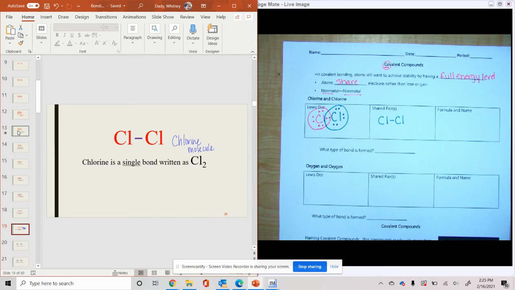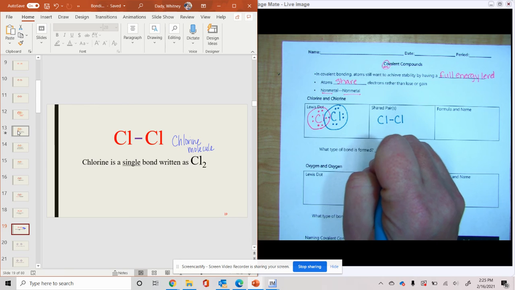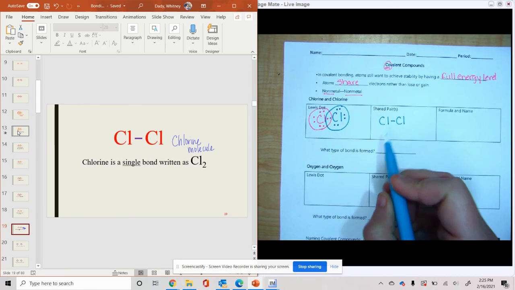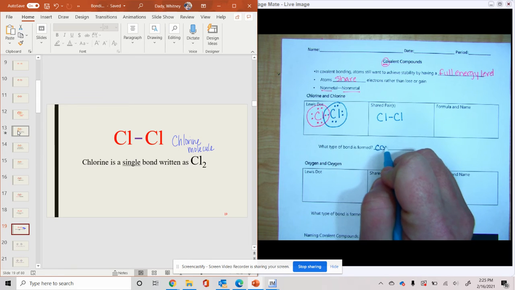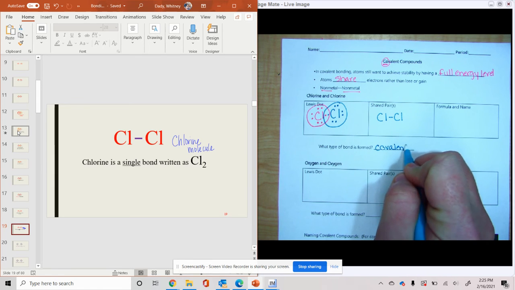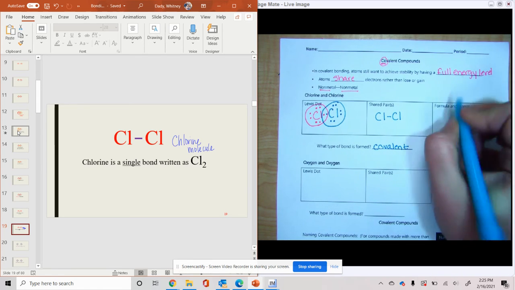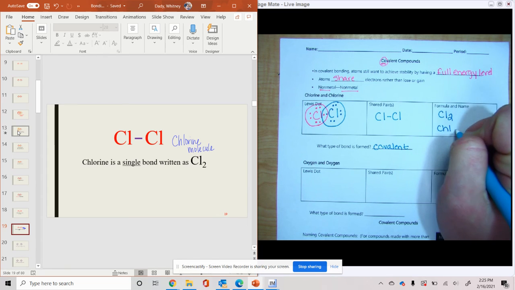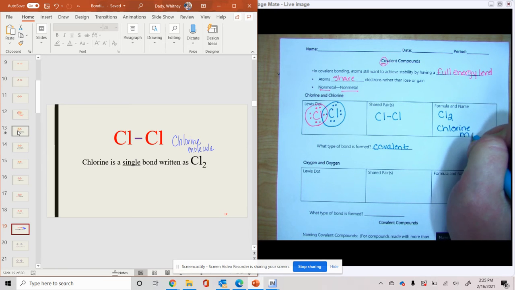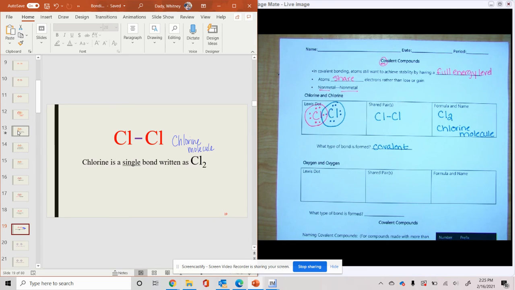All right, as we move back to our notes, this was a covalent bond because I have a nonmetal and a nonmetal. So my formula for this would be Cl2, and I would call it a chlorine molecule because it is 2 of the same element.